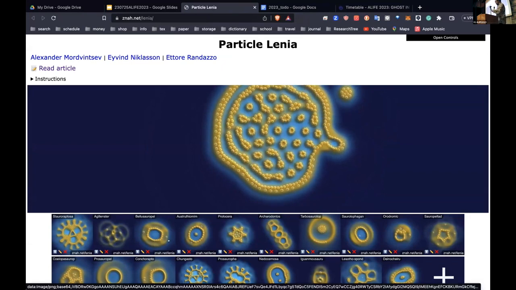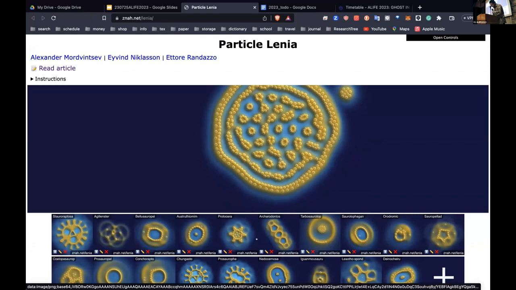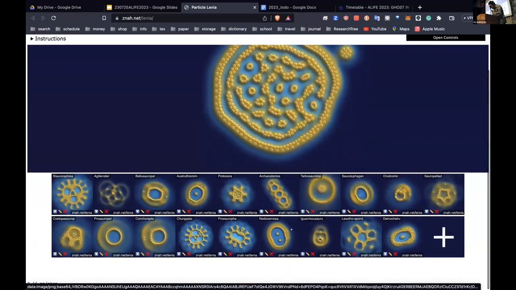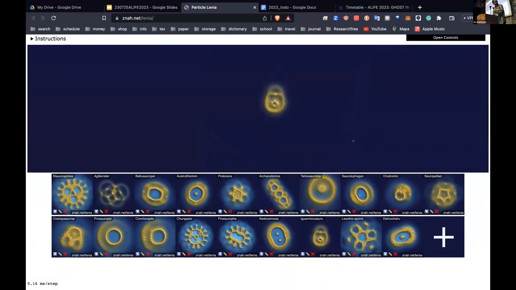Particle Lenia also generates a variety of patterns similar to Lenia. For example, this is a moving pattern like a glider.